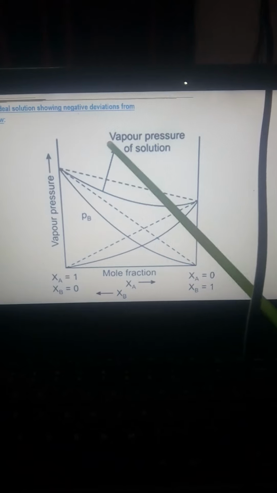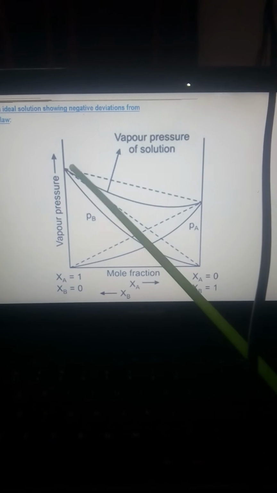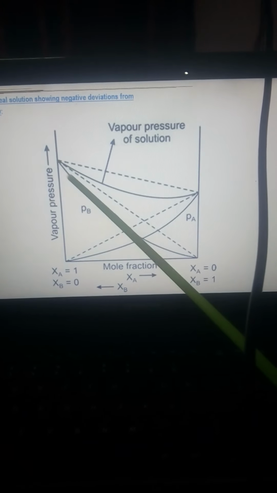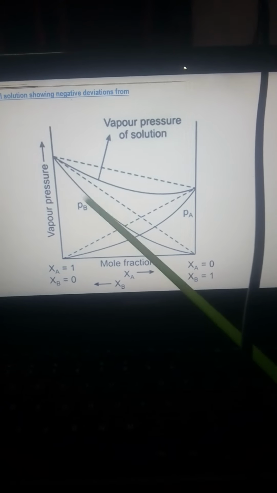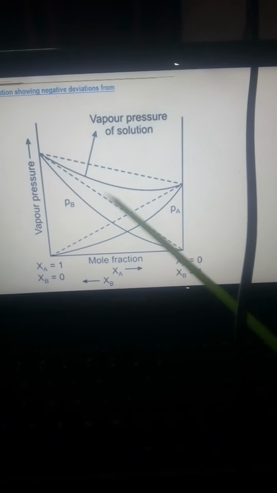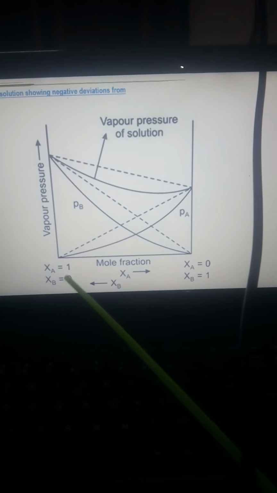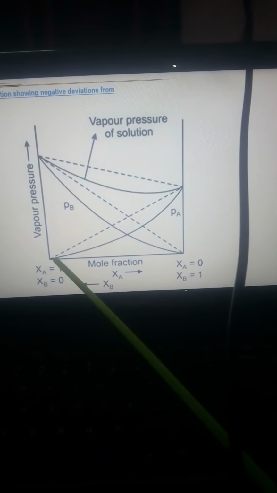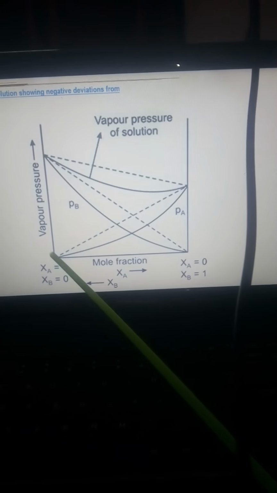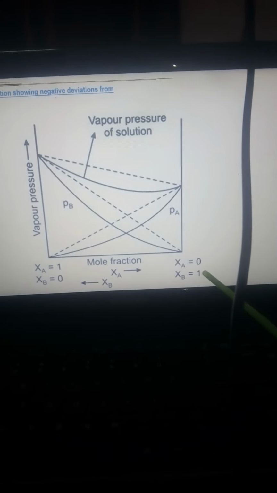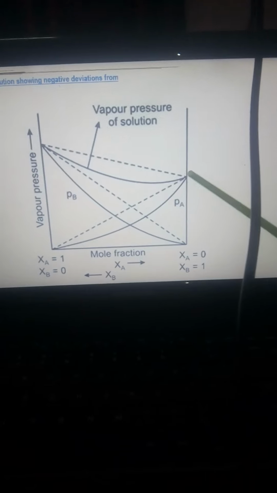But in case of a non-ideal solution, since it shows negative deviation, the partial vapor pressure of the component B will be lower than its ideal situation. Similarly for the component B, this is 0. Now if you go from here to there, the mole fraction increases up to 1, that means it goes to the maximum here.